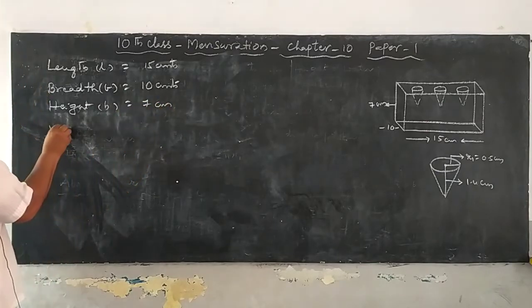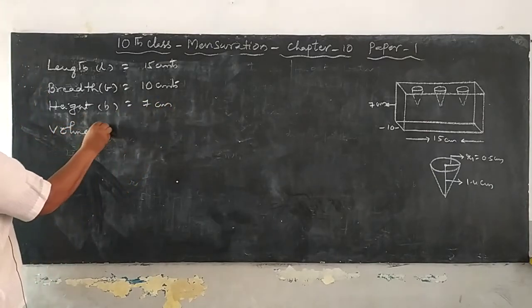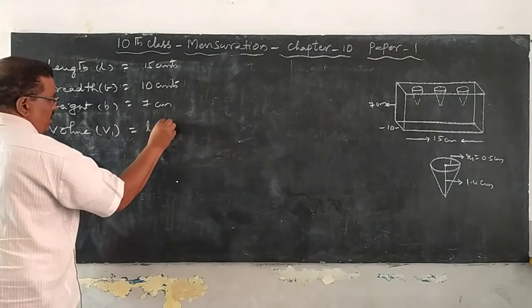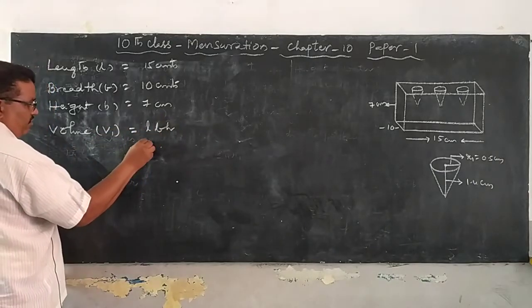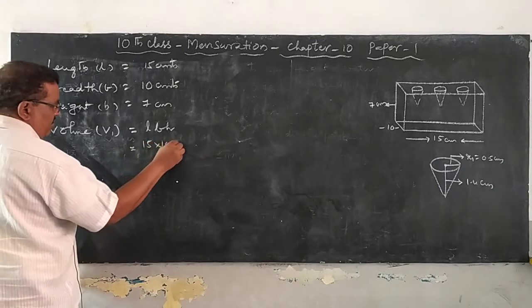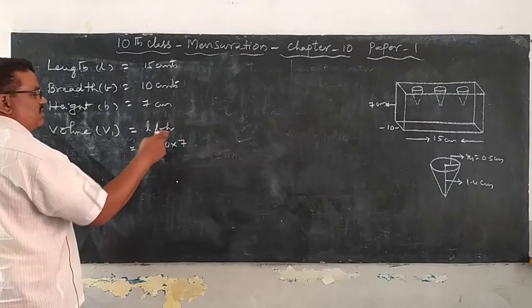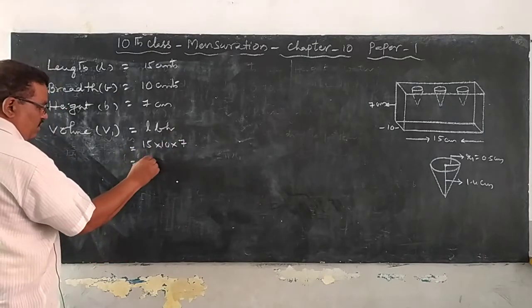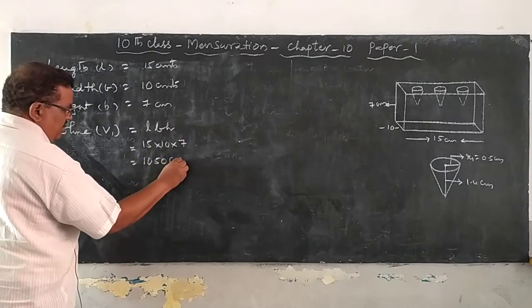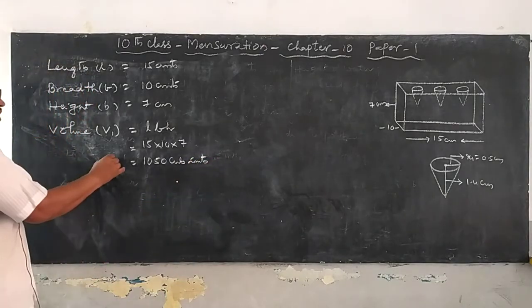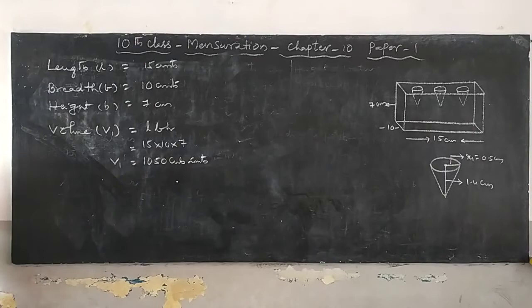Therefore the volume of the pen stand, V1, is equal to LBH, 15 into 10 into 7. 15 tens are 150, 15 sevens are 105, so 1050 cubic centimeters. This is the volume of the cuboidal stand.